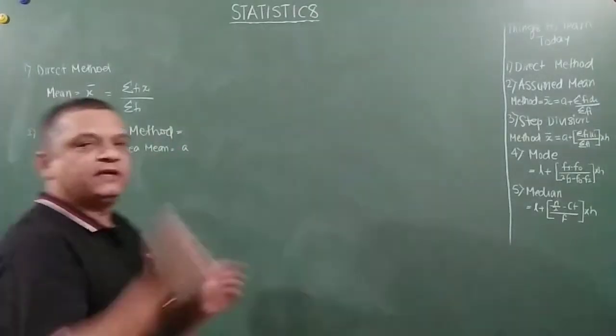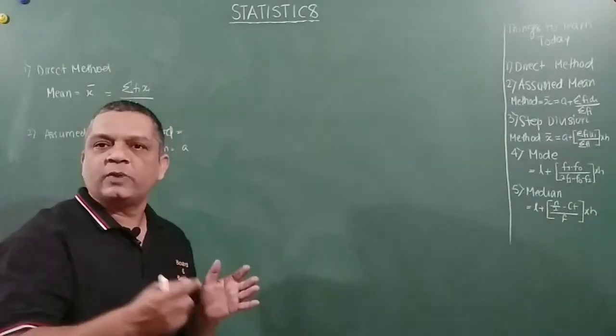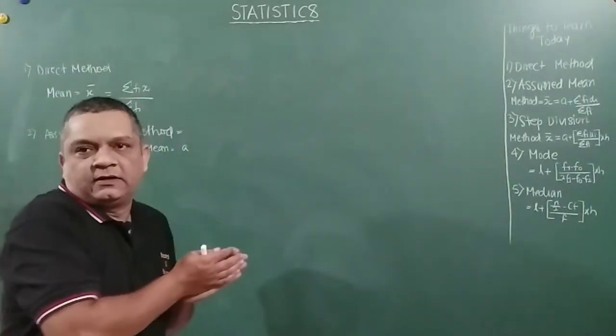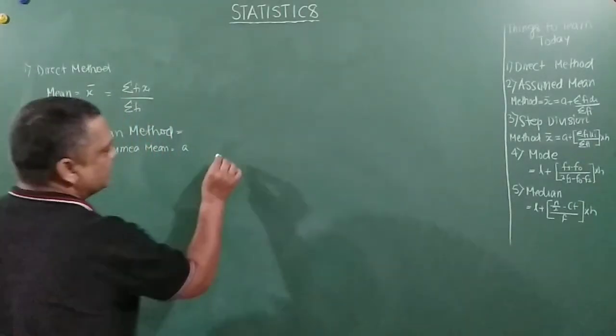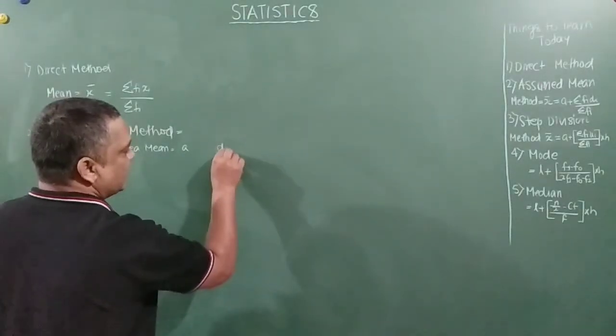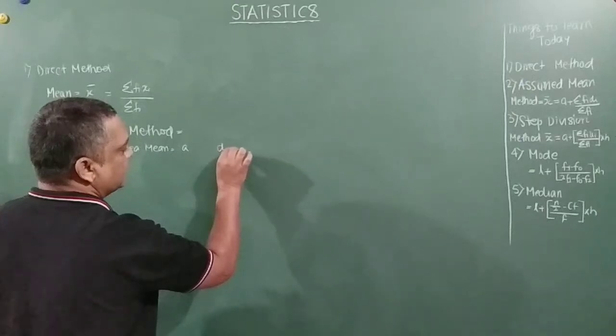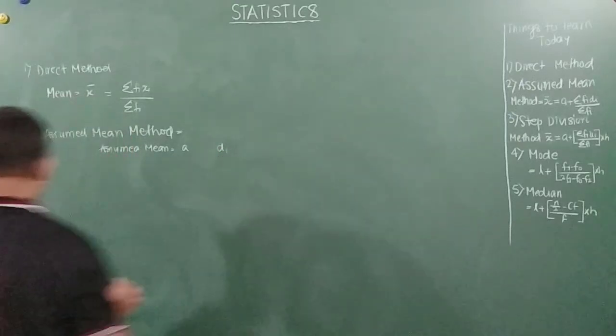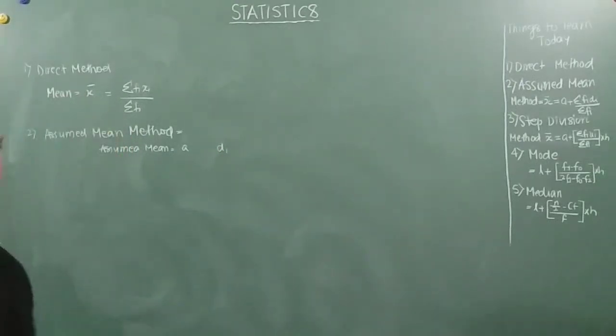Here we find the deviation of the other class marks with respect to this assumed mean. That deviation we call D. So similarly it will be Di, with i ranging from 1 to the maximum number of observations.